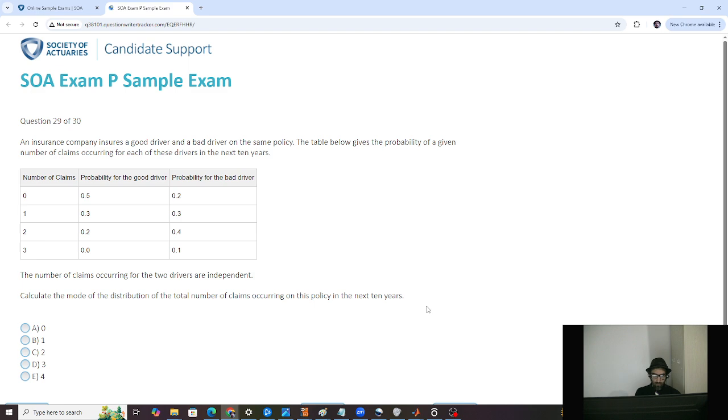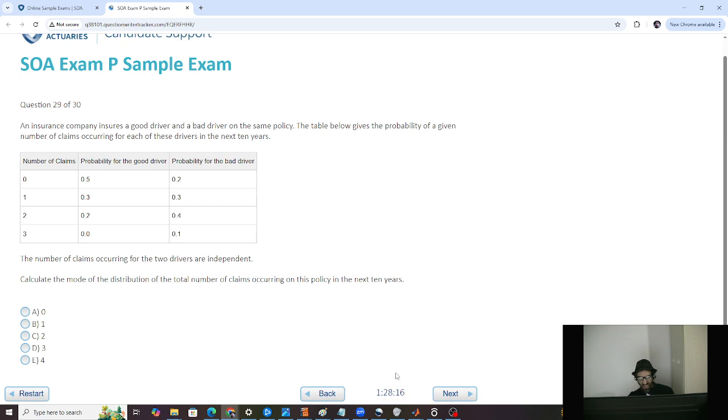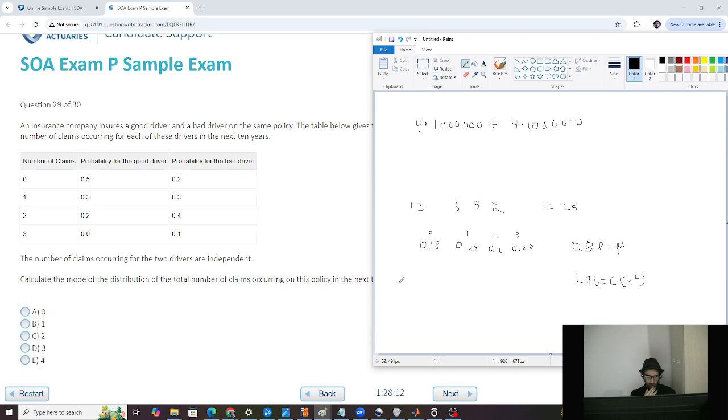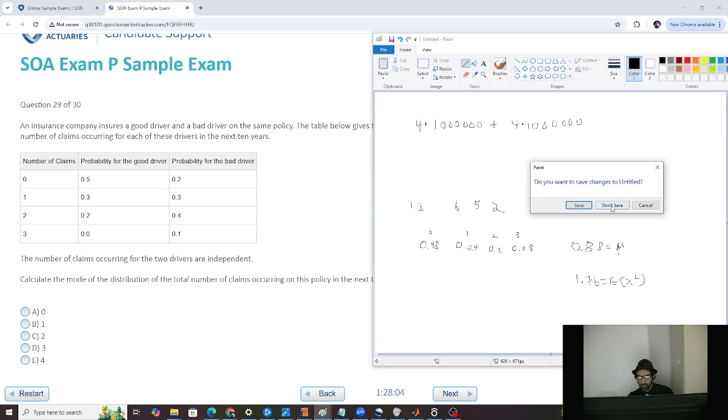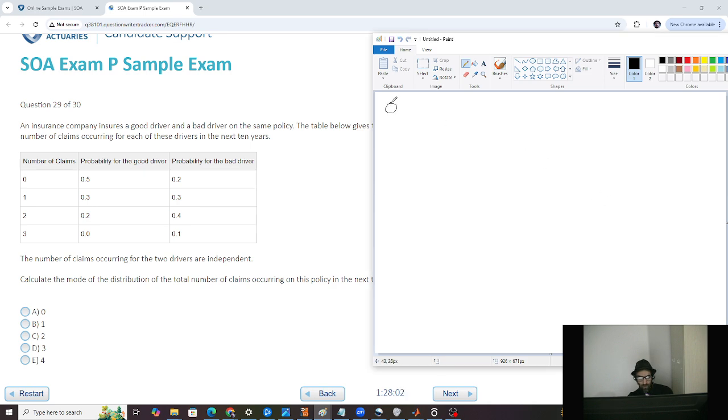Okay. So I would just calculate directly until stuff starts to go down. Probability of a 0, you need a double 0. That's 0.1. Probability of a 1, it's either 1 for the good driver and none for the bad driver, which is 0.06, or none for the good driver.